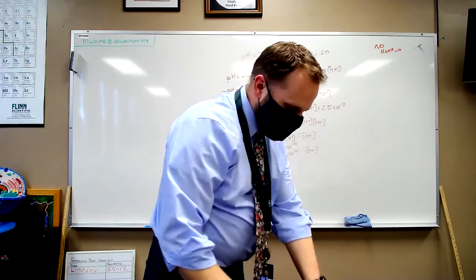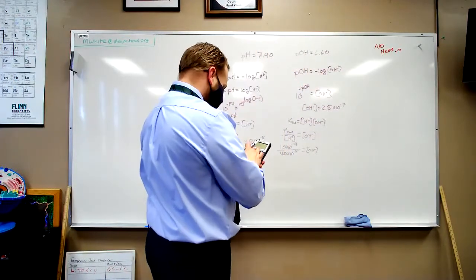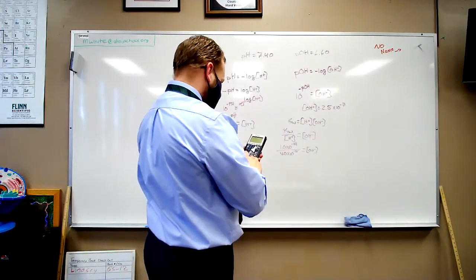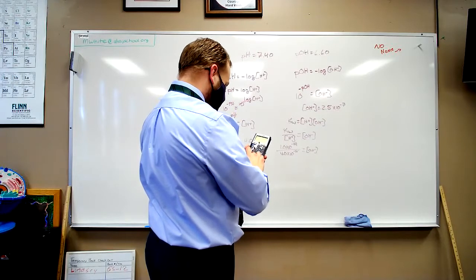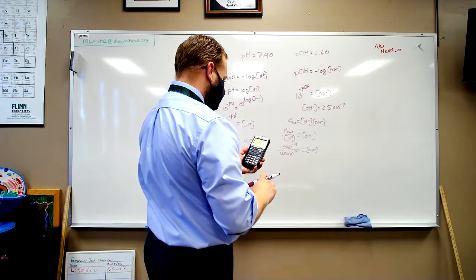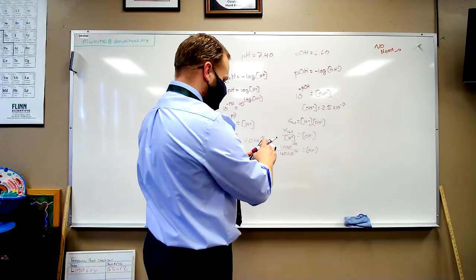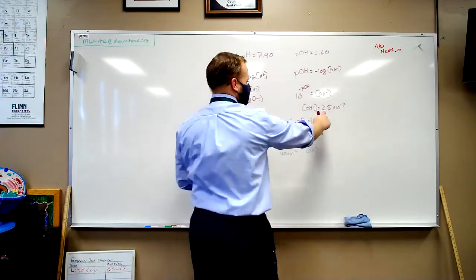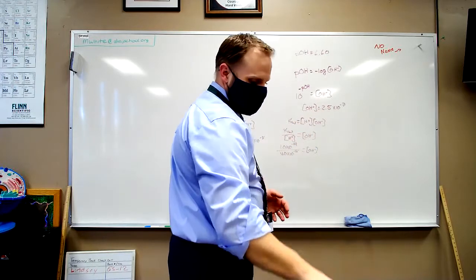And then just to verify, we'll put it in the calculator. So 1 times 10 to the minus 14 divided by 4 times 10 to the minus 8, and it does indeed give us 2.5 times 10 to the minus 7.